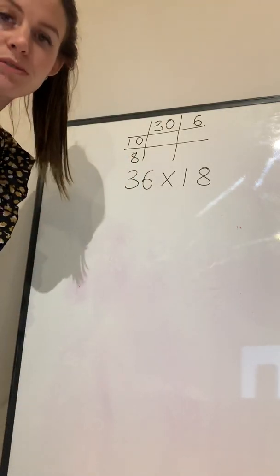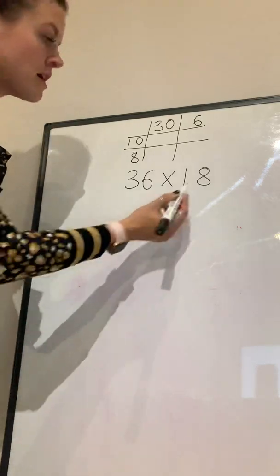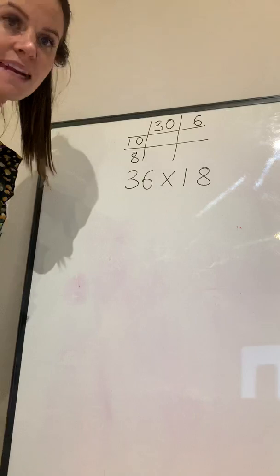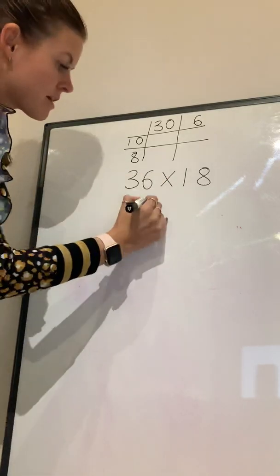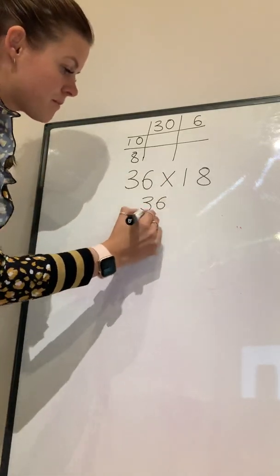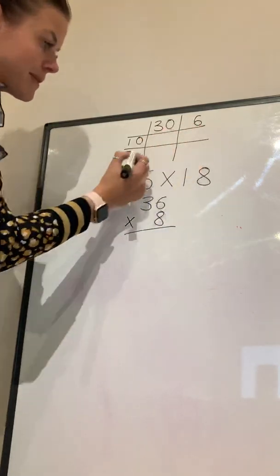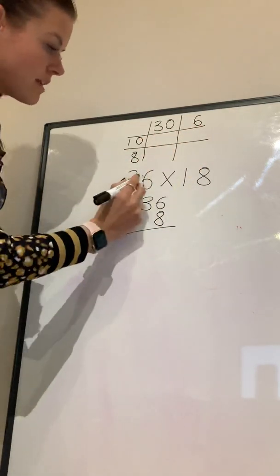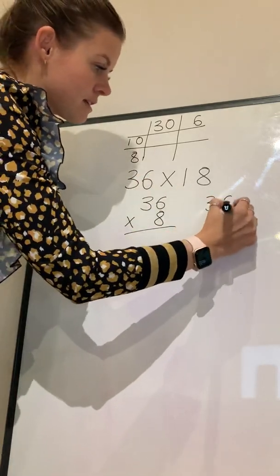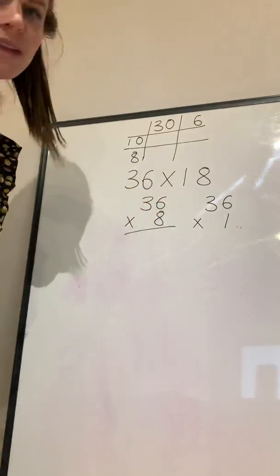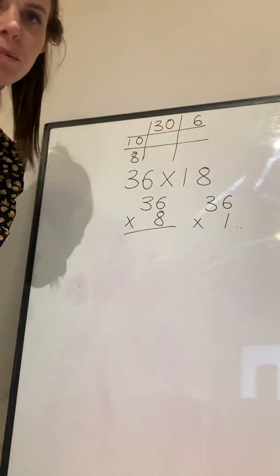I can also do that using a bit of a formal method, still understanding that my 18 is a 10 and an 8. So I can start with 36 multiplied by 8, which is exactly what we're doing here, and then 36 multiplied by 1, because we know how to make that 10 times bigger because of our practice up here.